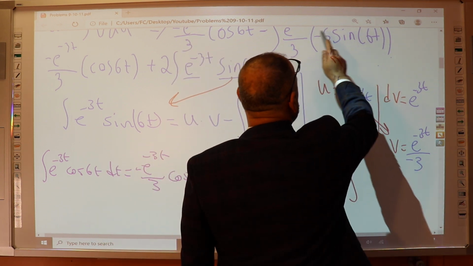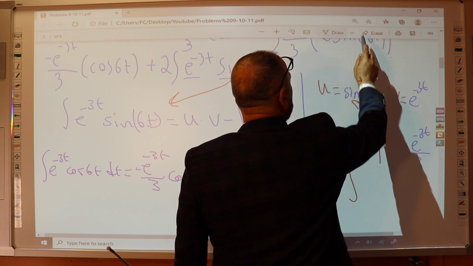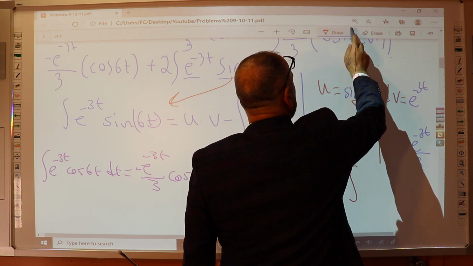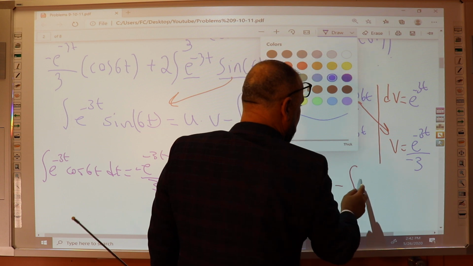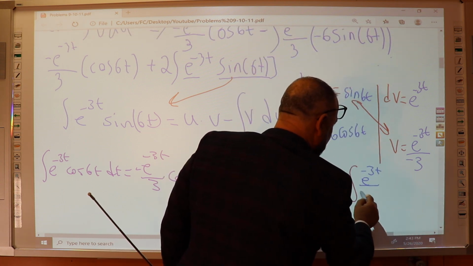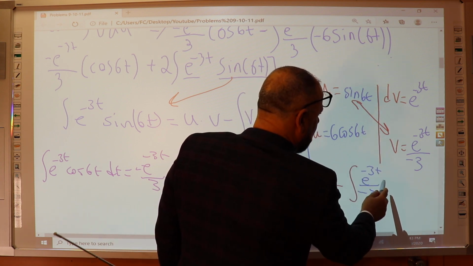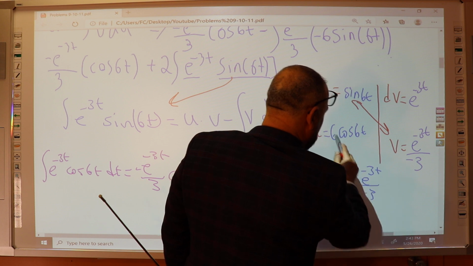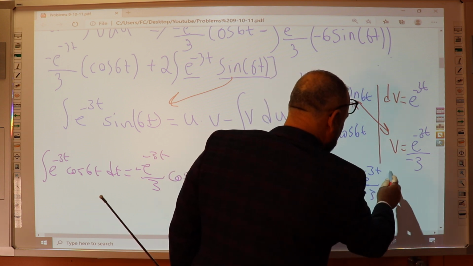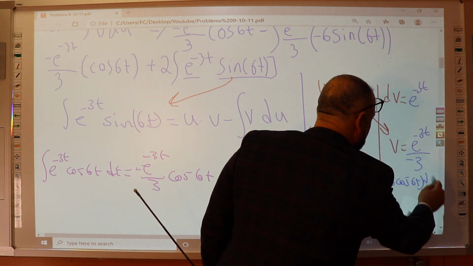I'm going to do two steps, right? After that, e to the negative 3t. I don't want to do it in one step, but I can do it here. What do we have? 6 cosine 6t dt.